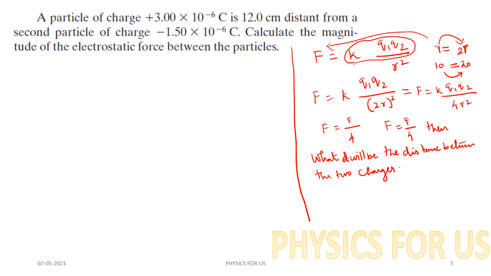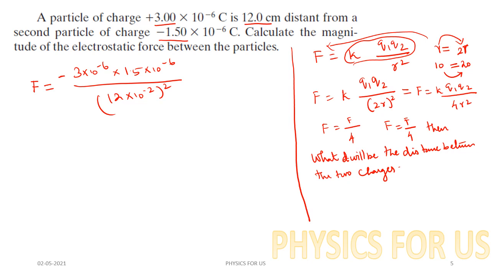Okay, and here we have another problem. A charged particle of charge 3 into 10 power minus 6 coulomb is 12 centimeter distance from a second particle of charge minus 1.5 into 10 power minus 6, and you have to calculate the magnitude of the electrostatic force. This is simple. F is equal to K into 3 into 10 power minus 6 into minus 1.5 into 10 power minus 6 divided by 12 into 10 power minus 2 whole square.